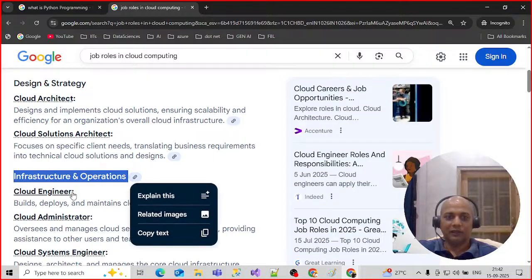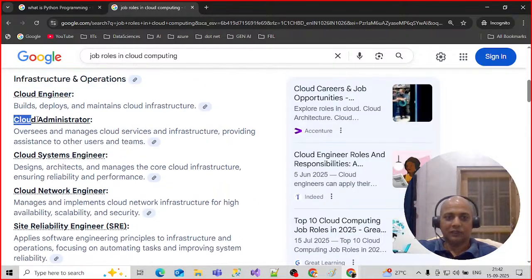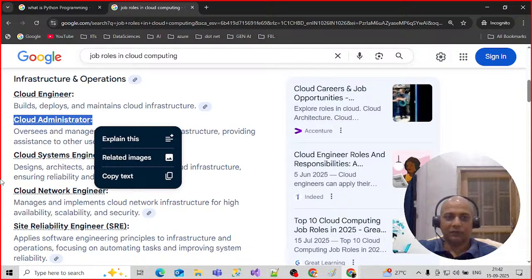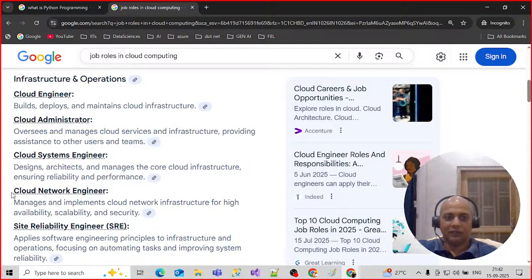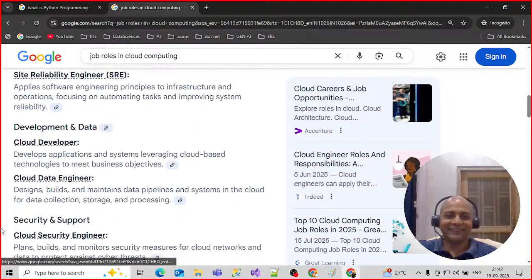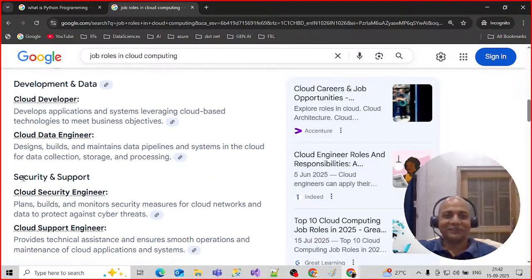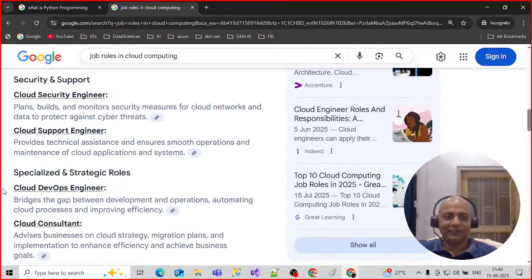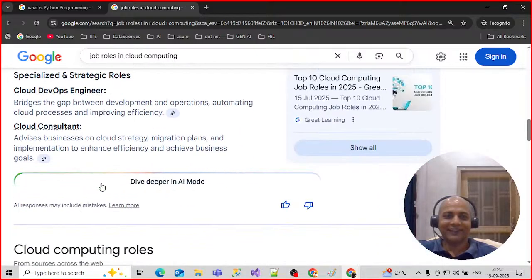for design and strategy, and for the infrastructure hardware part, cloud engineer, cloud administrator, who take care of the network part, cloud system engineer, cloud network engineer, site reliability engineer, SRE, cloud developer, cloud data engineer. Then comes the security part: cloud security engineer, support engineer, DevOps engineer, consultant.